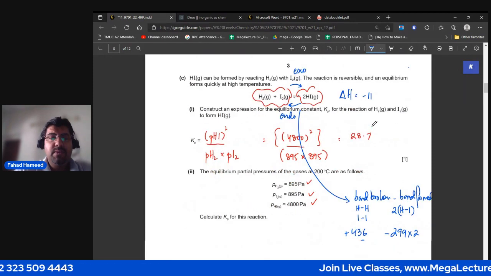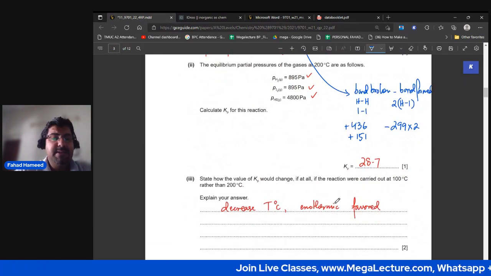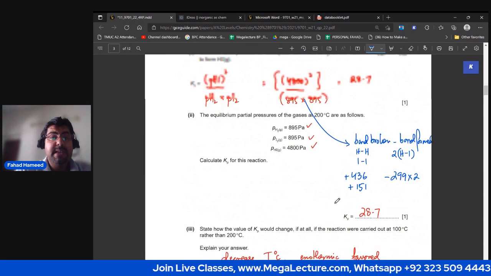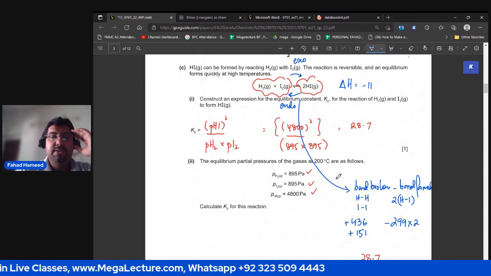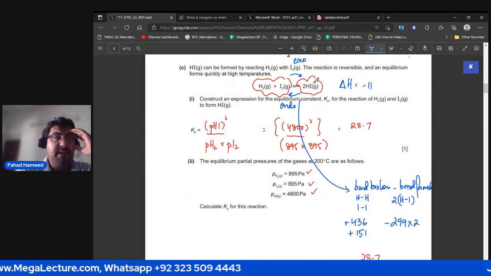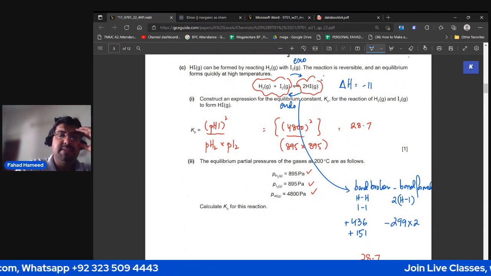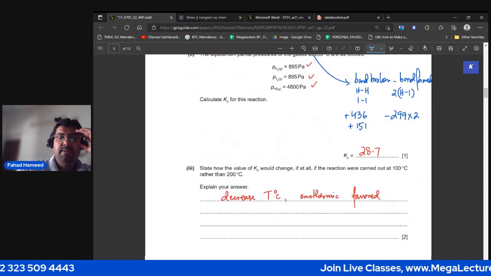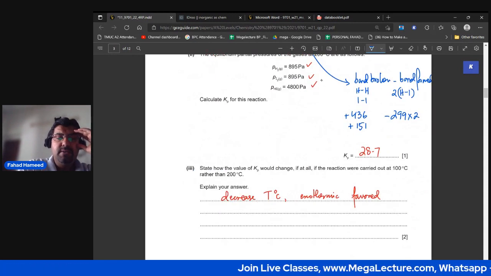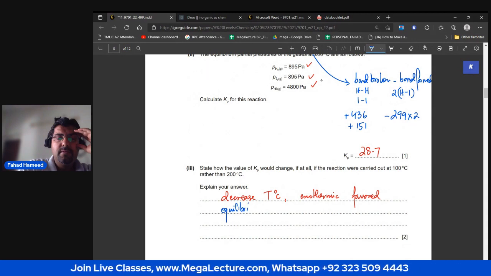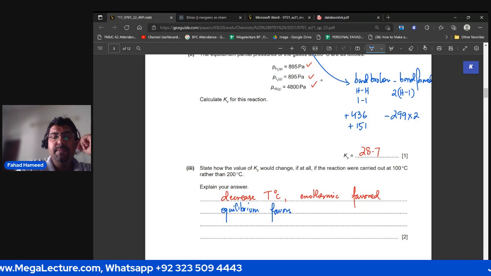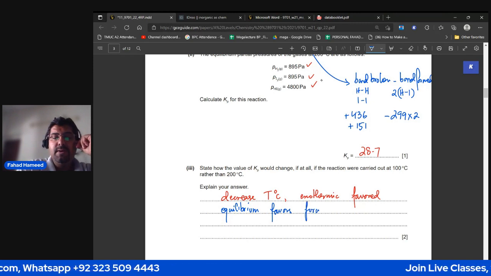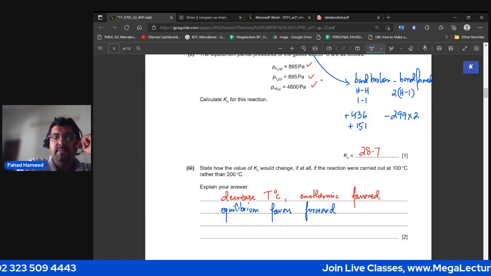So over here, what will happen? What did I tell you? That decreasing temperature would favor the exothermic reaction, which in this case is going to be the forward reaction. So if it's the forward reaction, there's going to be more HI produced. So more forward reaction, or what you can write is that the equilibrium is going to favor the forward reaction.